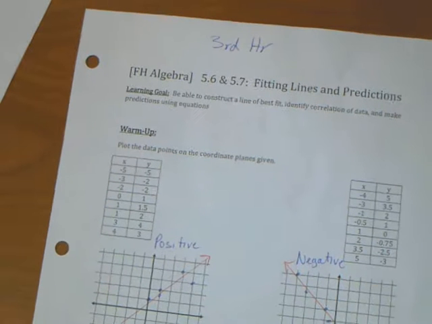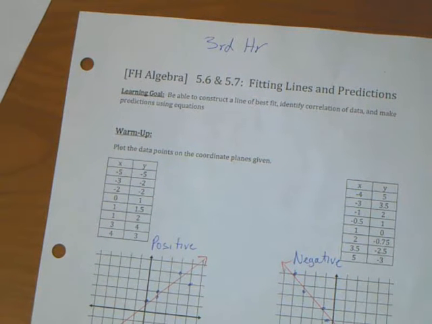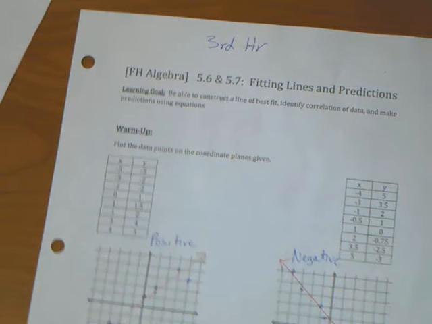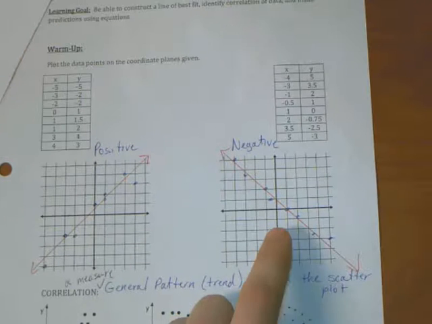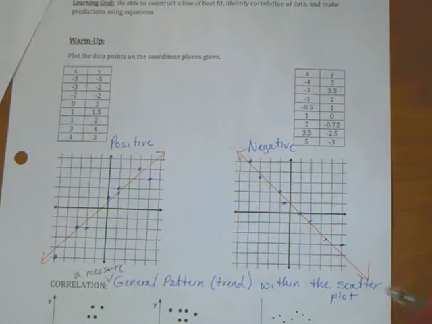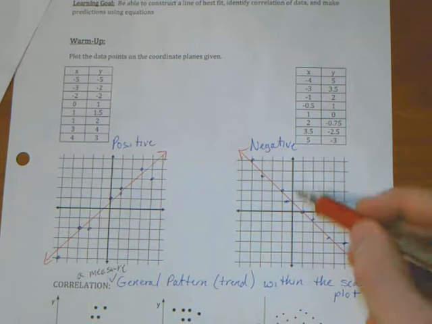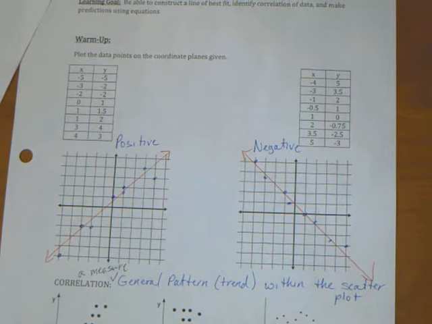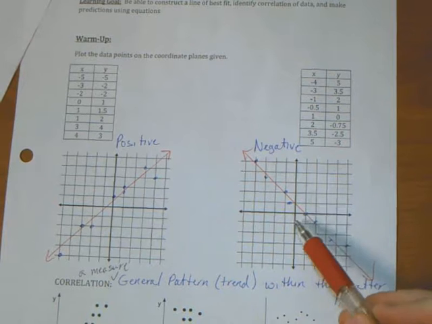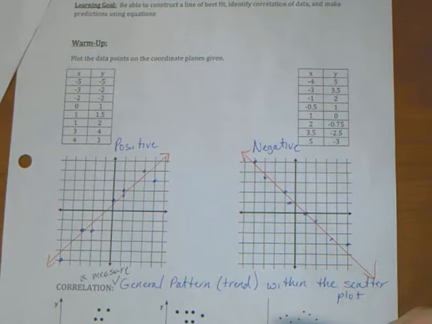If you wanted to, you could pick some points on this line and write the equation. So this negative sloping line, what does it look like its y-intercept is?